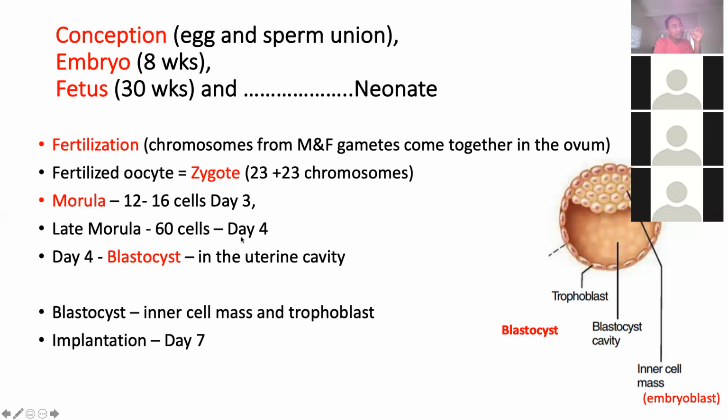At day 4, it will get into the uterine cavity and change into the blastocyst. So let's try to remember: day 3 is morula, day 4 is blastocyst in the uterine cavity.